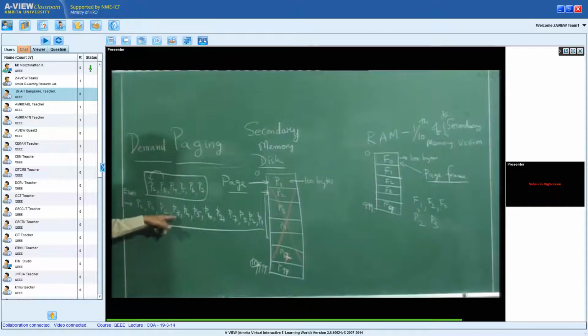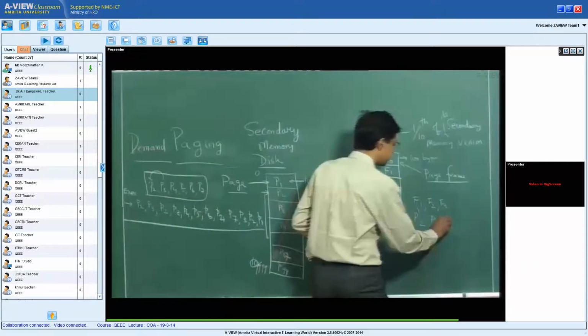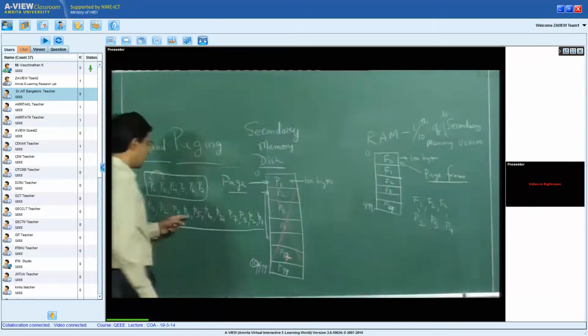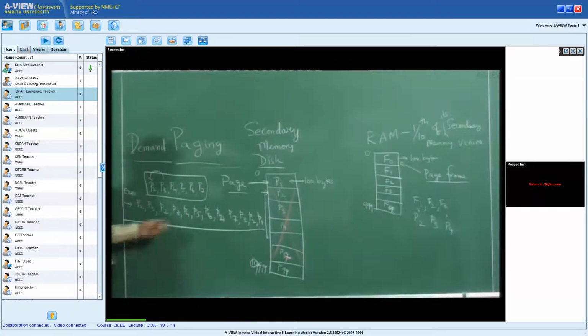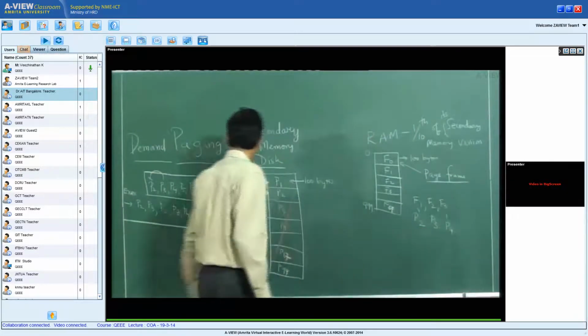Again when it executes P3, it knows that P3 is already available, it executes. Now it loads P4. Now it wants to load P5. It has only 3 frames, right? So it now has to replace one of these pages by P5.